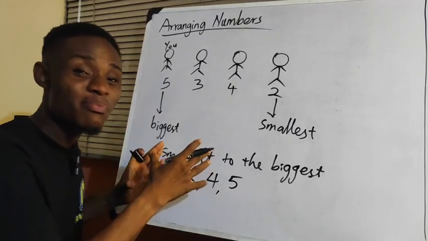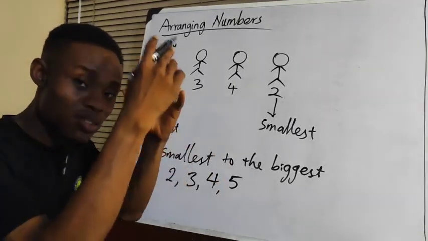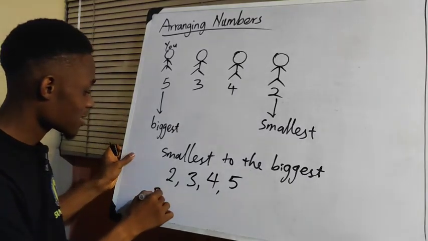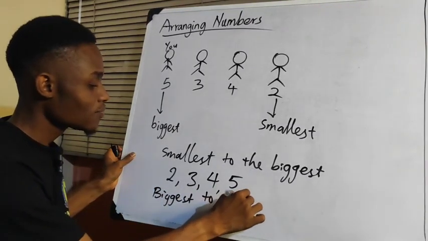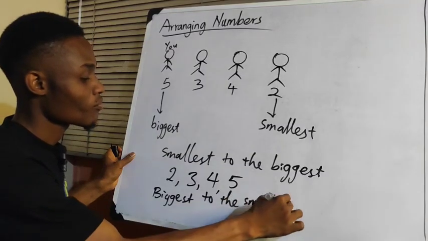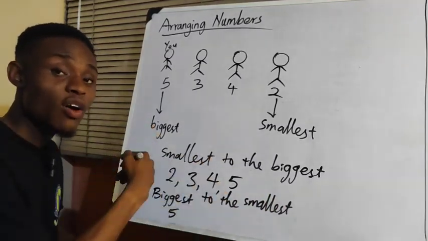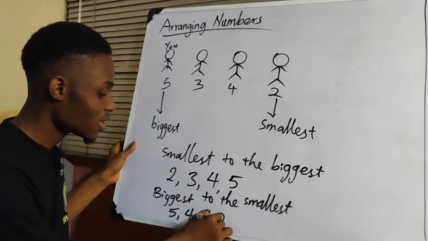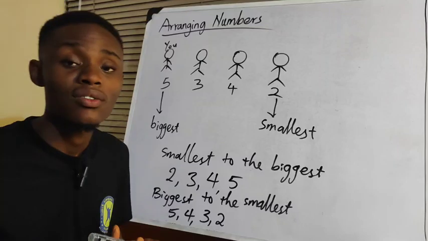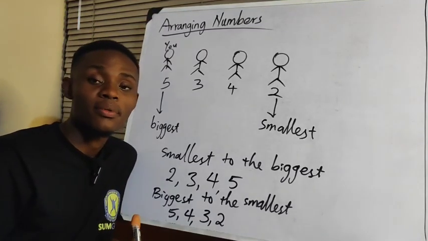Now we have done it from the smallest to the biggest. Now, how do we go from the biggest to the smallest? Biggest to the smallest. So we're going to go from 5, just the opposite of what we have already. 4, 3, 2. Those are the numbers we have there. Let's go to the next example.